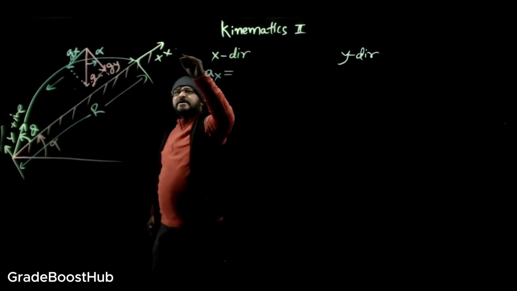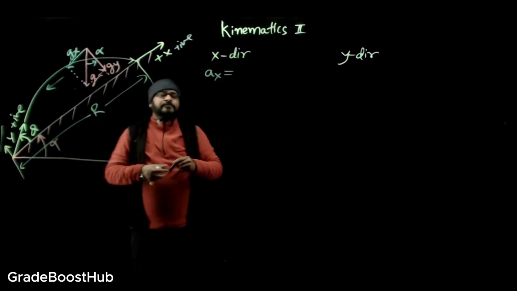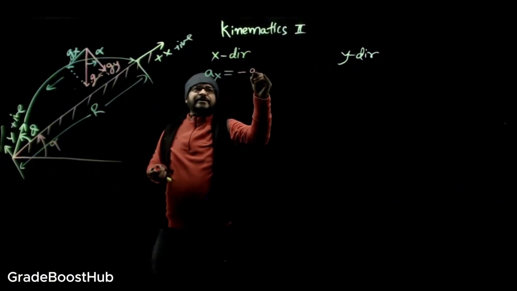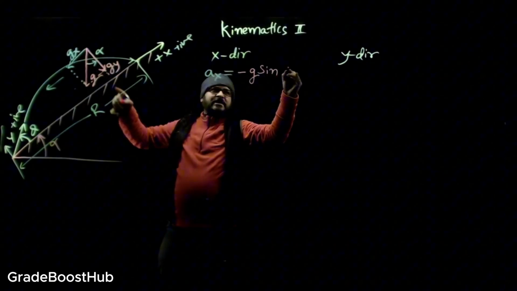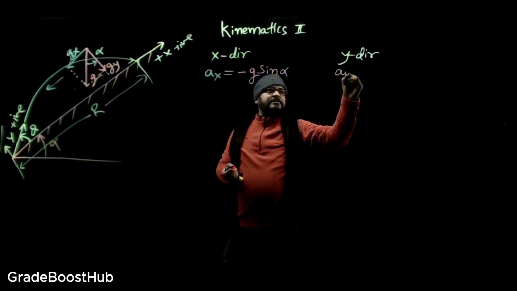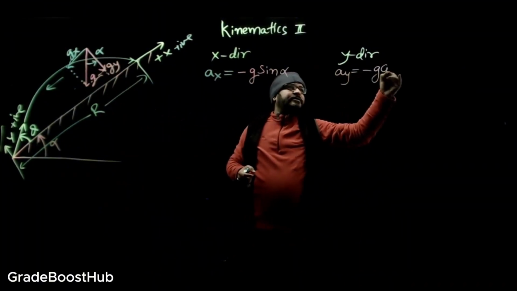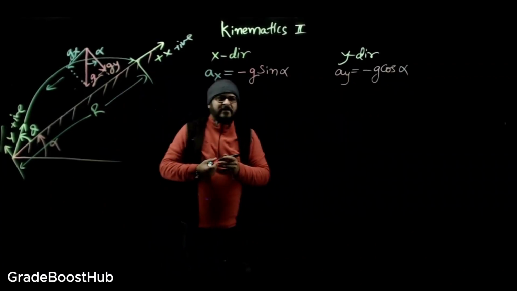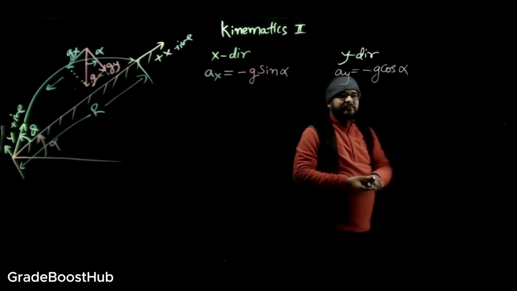Our positive x direction was here, right? So our ax is minus g sine alpha, and our ay is minus g cos alpha. Very well. Does everybody get this point?